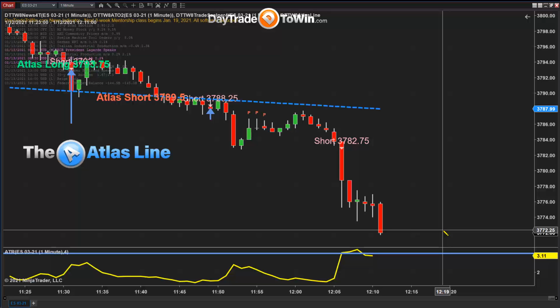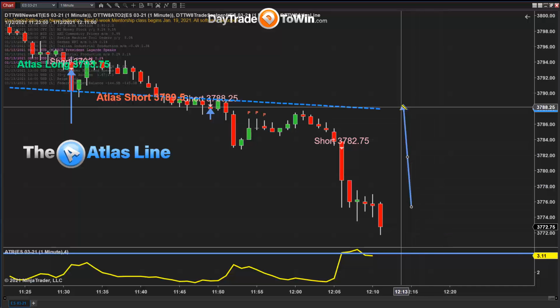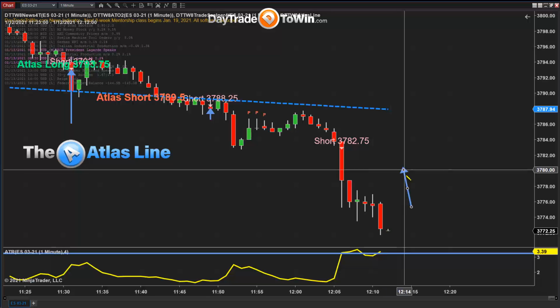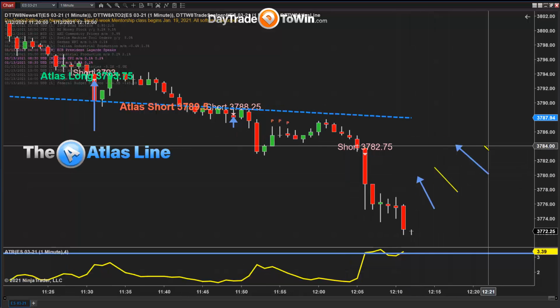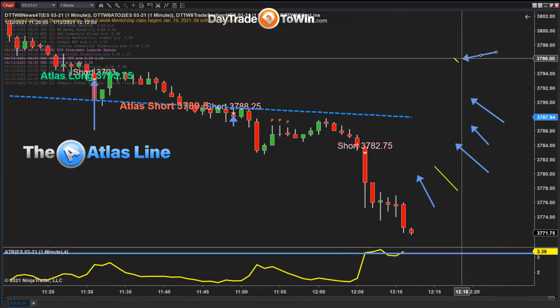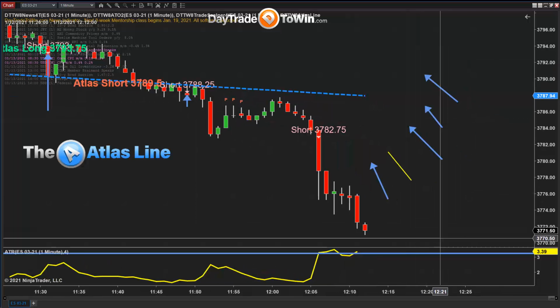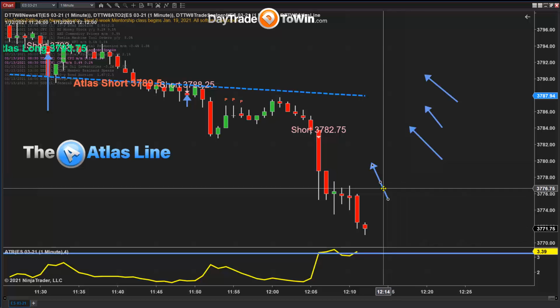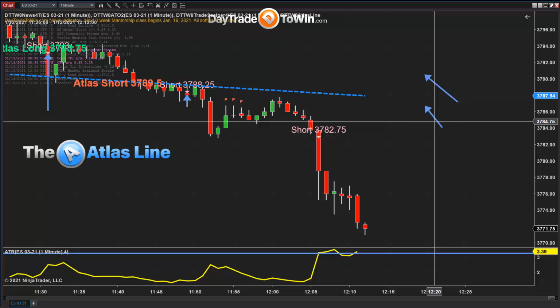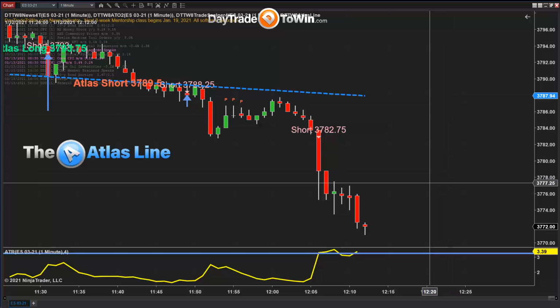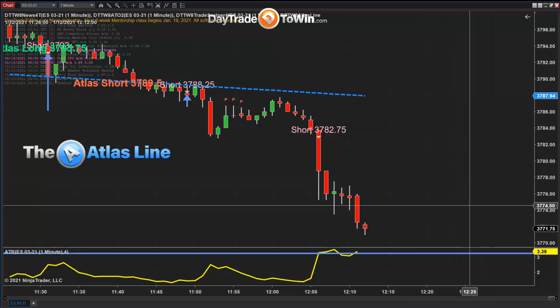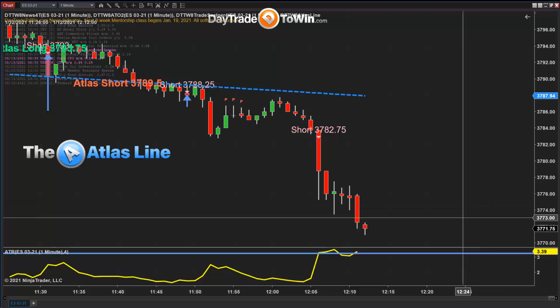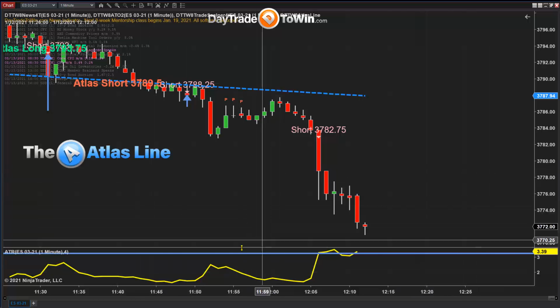Do not buy this market until or if the market comes back and crosses back above the Atlas line, or you have multiple long signals indicating long, that things have changed, then you could say now I'm going long because things have changed. But for this moment in time, all the traders that I work with should be selling the market and selling it hard. Tomorrow may be another day, maybe a long opportunity. So here are the short examples.